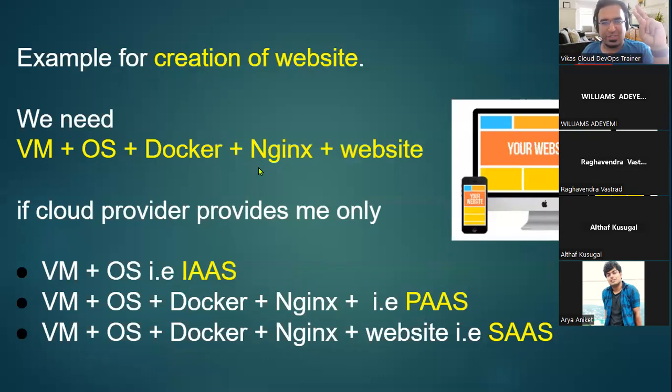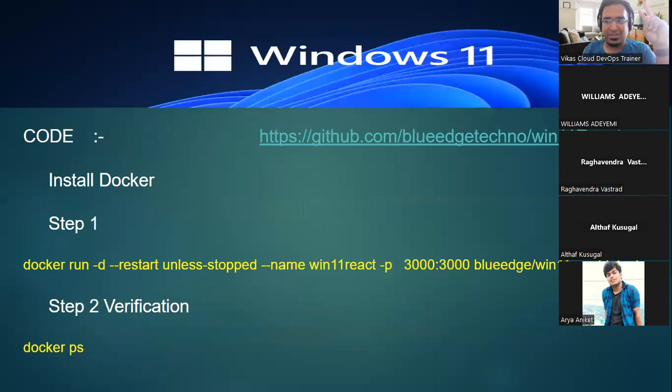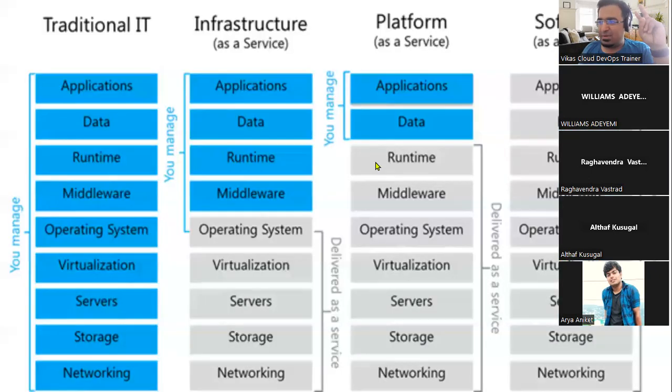Nginx and Docker was the middleware. Guys, keep remembering the things. Please revise it. If you do not revise from the starting, the end will be very difficult. So runtime and middleware will be JDK, or Python and Docker, the runtime and middleware in our previous example. Then you just bring your website and run it. That is called platform as a service.